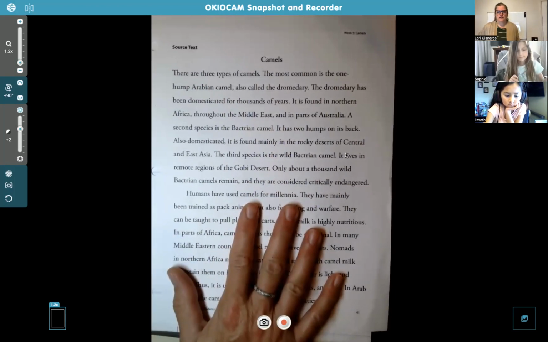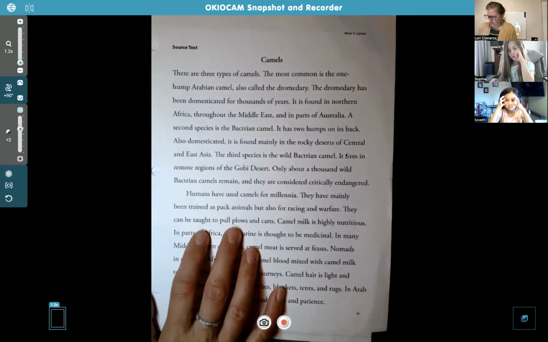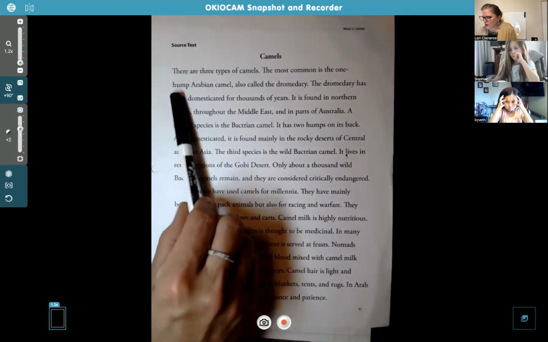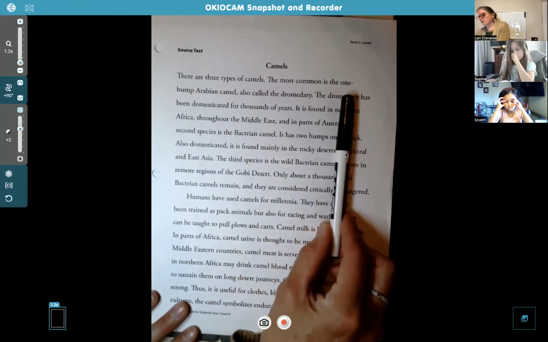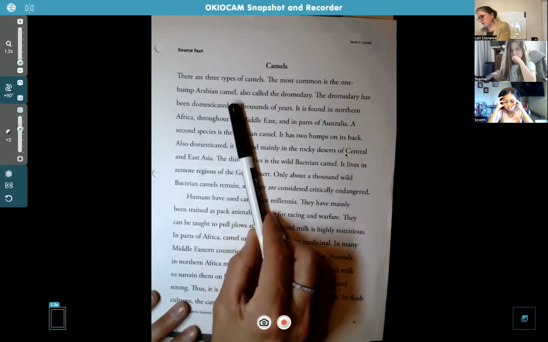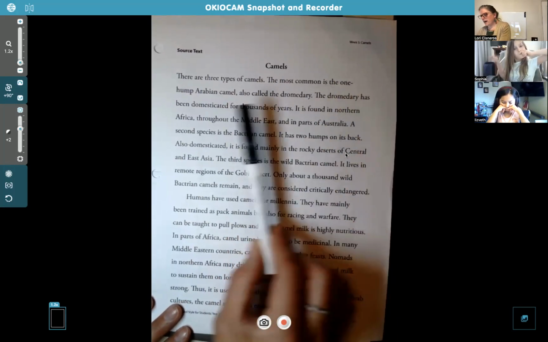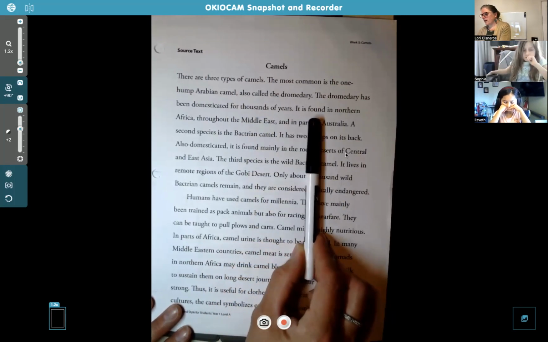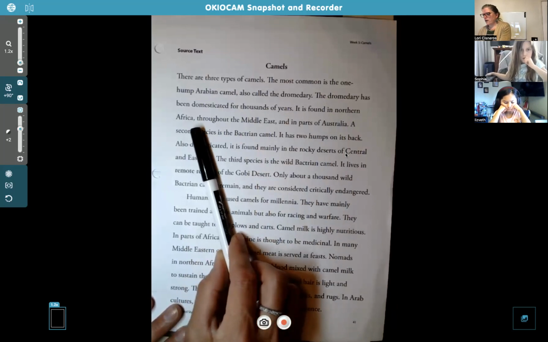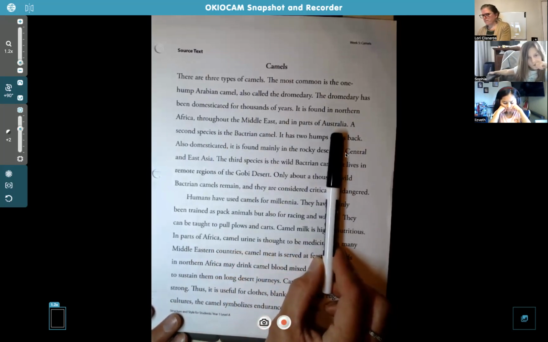Now I'm going to read this to you, and then we're going to talk about it and get started on the keyword outline. Okay. There are 3 types of camels. The most common is the one-hump Arabian camel, also called the dromedary. The dromedary has been domesticated for thousands of years. It is found in northern Africa, throughout the Middle East, and in parts of Australia.